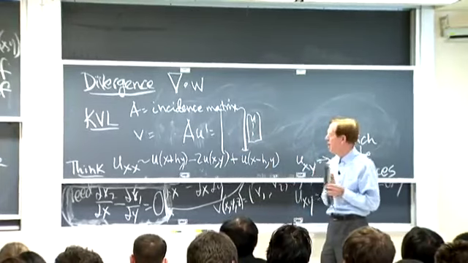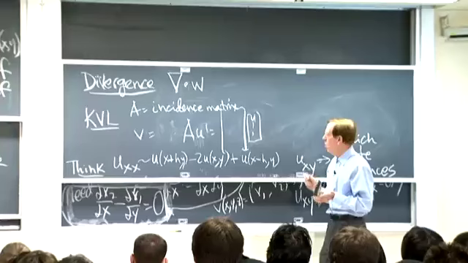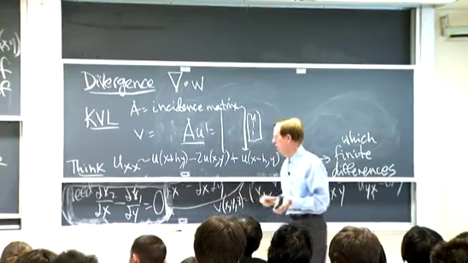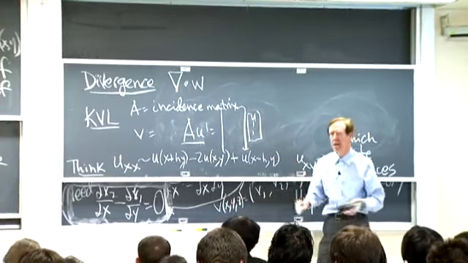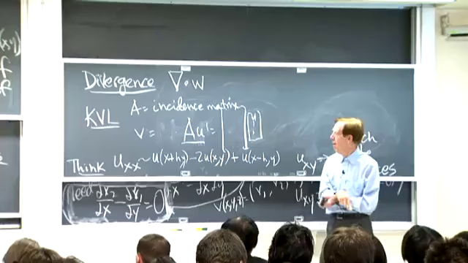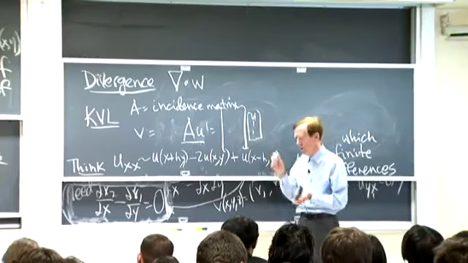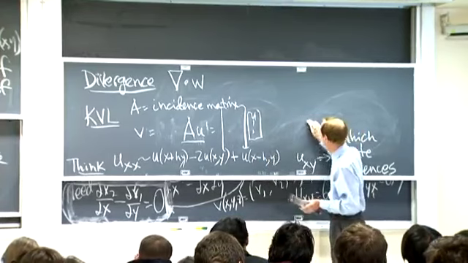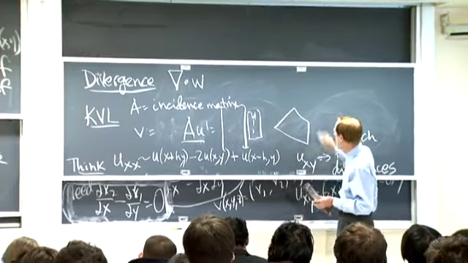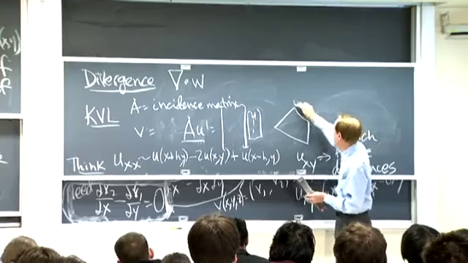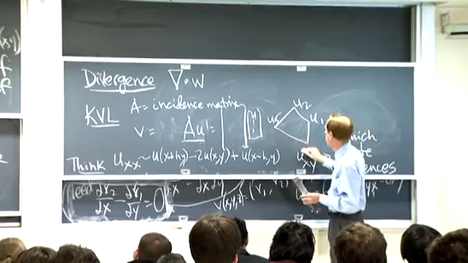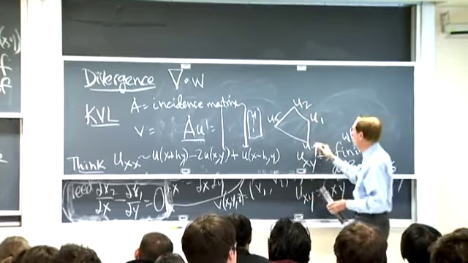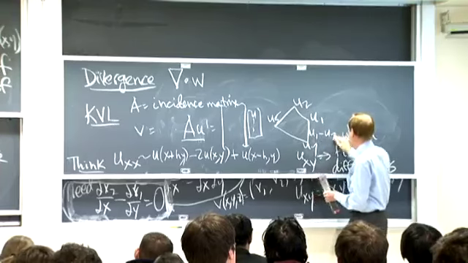Let me say it all at once. A, which vectors have the form AU? Which vectors are combinations of the columns of A? The test is Kirchhoff's voltage law that if I go around any loop in the graph, so if I have a U1 here, a U2 here, a U5 here, and a U7 here, then AU will produce a U1 minus U7 on that edge.